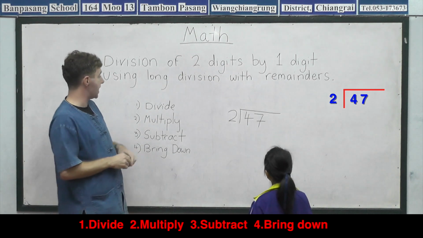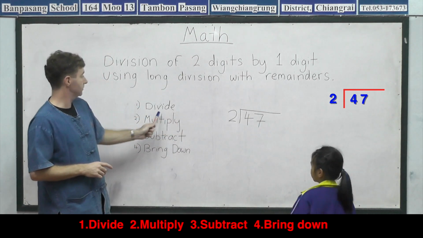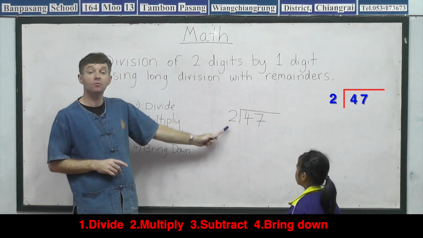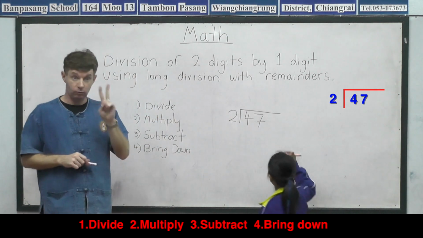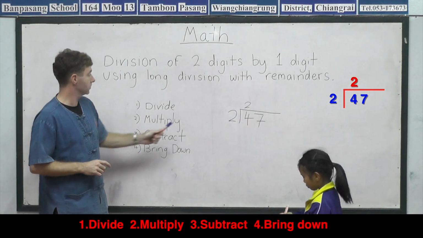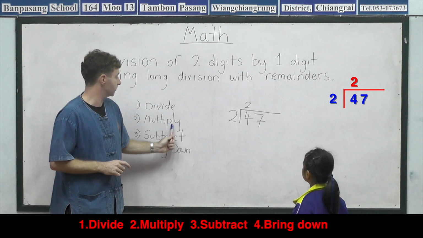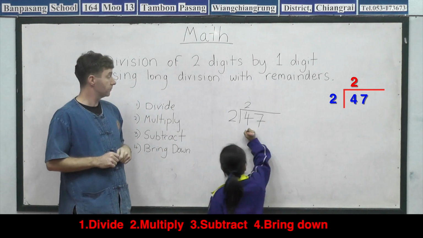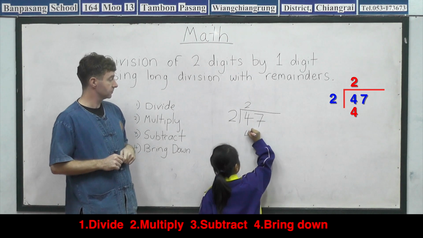So first step, guys, 4 divided by 2 equals 2. Step number 2, 2 multiplied by 2 equals 4. Excellent.